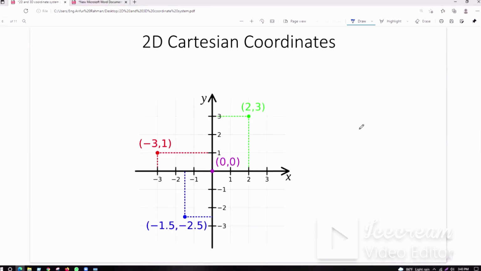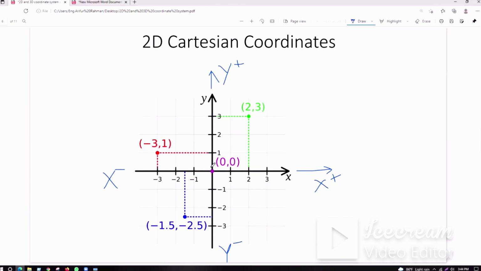Let's talk about two-dimensional Cartesian coordinates. As usual, we have two dimensions, two axes, x and y axis. This is the positive direction of x-axis. This is the negative direction. The upward direction is the positive direction of y-axis, and the downward is the negative of y.